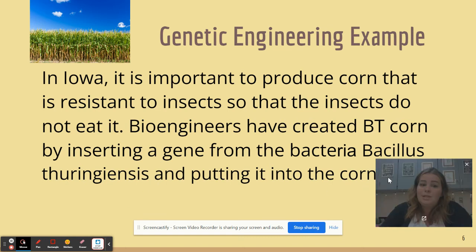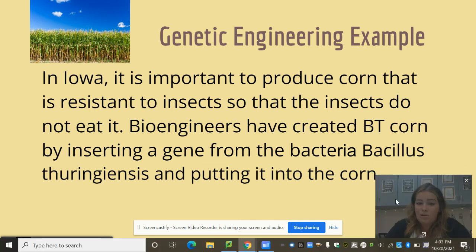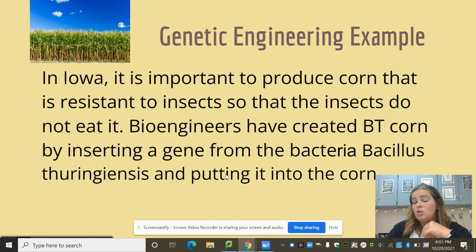Bioengineers have created BT corn by inserting a gene from a bacteria. I'm not even going to pronounce it because that is in Latin, but you can see it's short for BT. And then they put that into the corn, right? If you are a farmer, or live near a farmer, or maybe even just from reading The Omnivore's Dilemma, you might have heard of BT corn before.